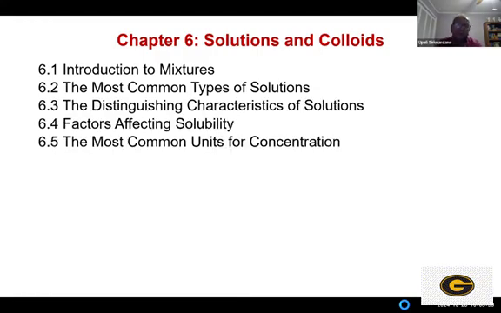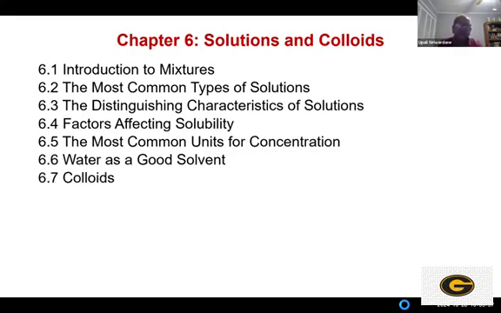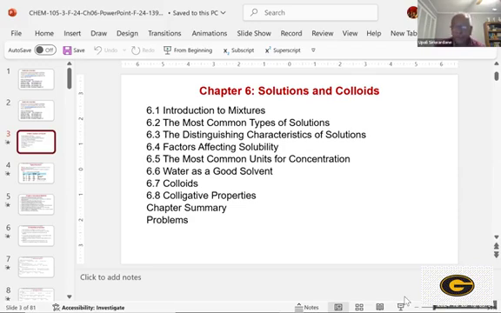Now we are going to talk about mixtures. Mixtures are the most common substances, more than pure substances. There could be an element with another element, a compound with another element, or different combinations of compounds.